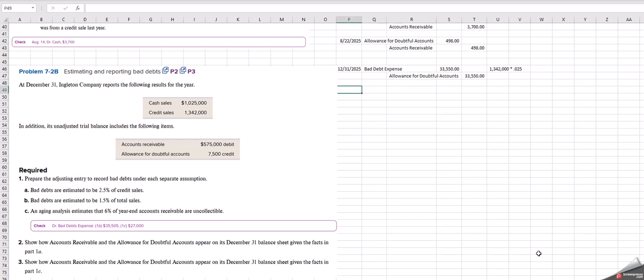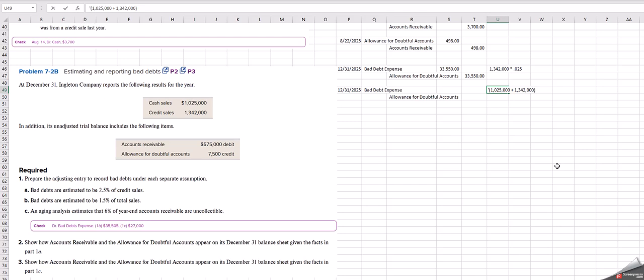Okay, then it says now, what if it's 1.5% of our total sales? So it's going to be the same accounts as above. So I think I'll just copy these and carry those down. But then we'll do the math over here a little bit differently. So it would be the cash sales plus the credit sales.